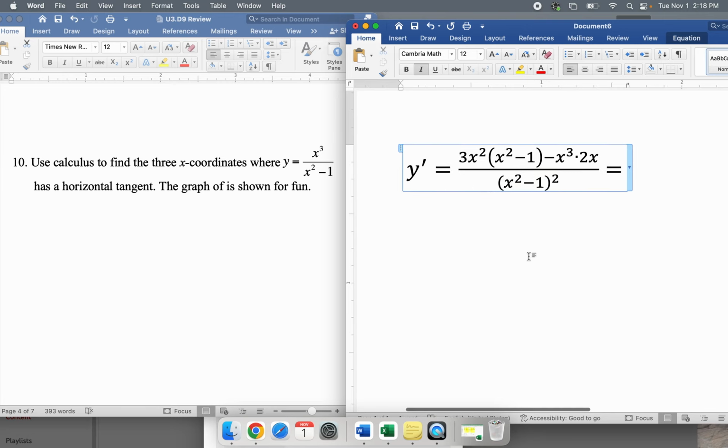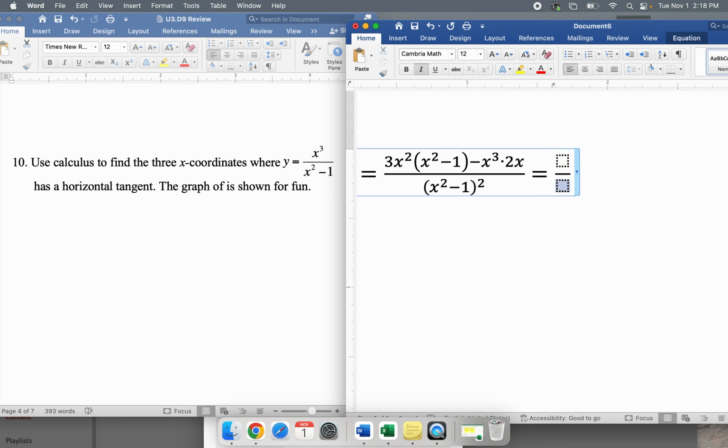Let me clean it up a little bit. Distributing the 3x squared, that's going to be 3x to the 4th minus 3x squared. And then this term here is really just minus 2x to the 4th.